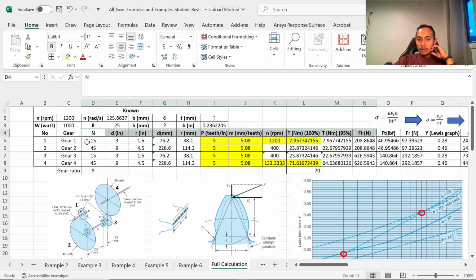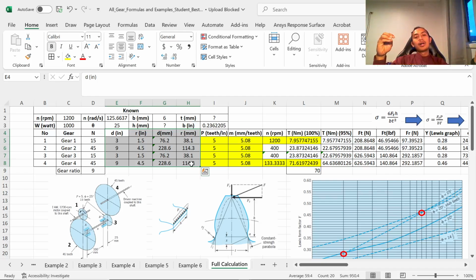Quick explanation: this is the number of teeth, the diameter, and the radius, in SI units or imperial units, depending on your calculation. If you want to use SI units, use this; if you want imperial units, use inches.